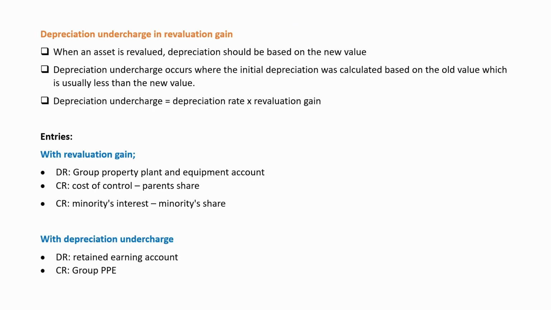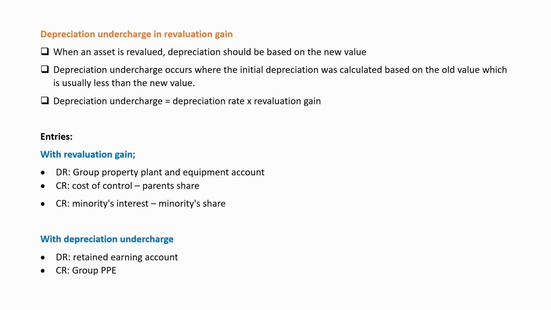We have another depreciation adjustment which normally comes anytime the assets have been revalued. If there is a revaluation gain, then automatically, without having to be told, you have to calculate depreciation adjustment.